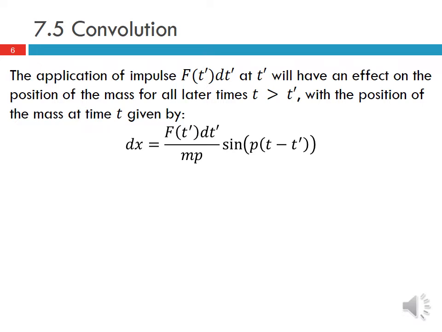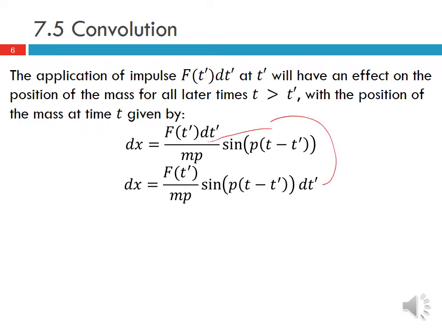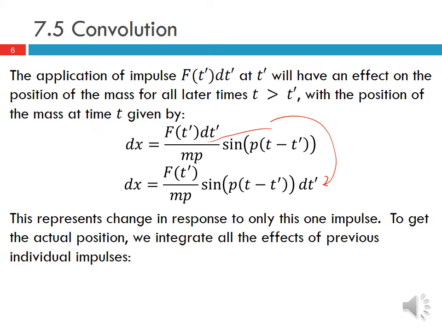So dx is F of t prime dt prime divided by mp times sine p (t minus t prime). We can move this dt prime to the end of the equation here. So this represents the change in response to only this one impulse.